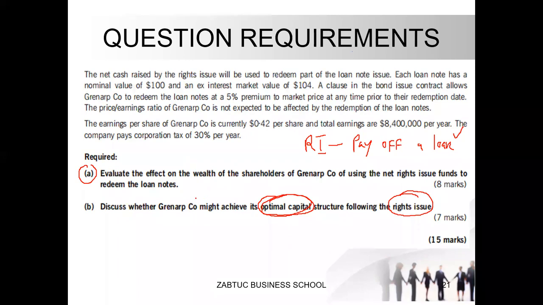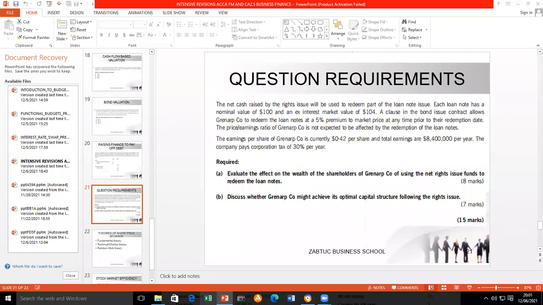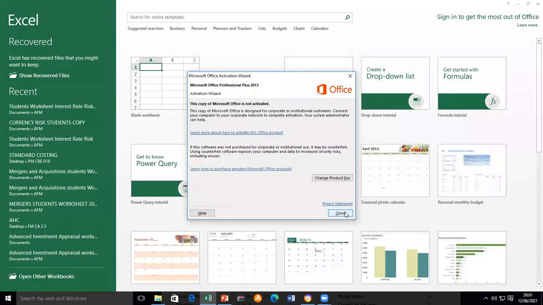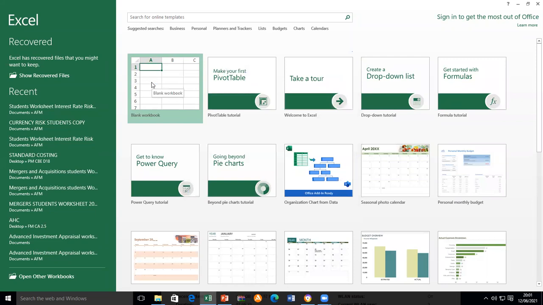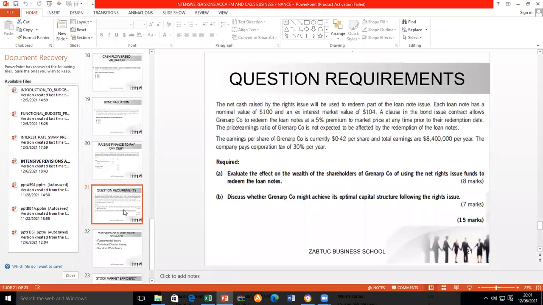So the first thing that we're going to do is calculate the rights issue: how much money will be raised from the rights issue, and then find the theoretical ex-rights price. Let's do that step by step.